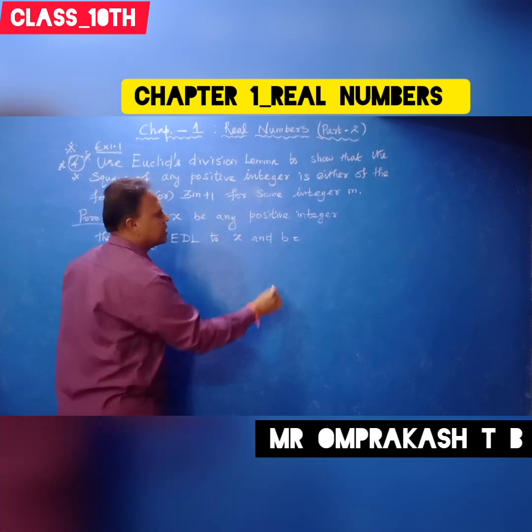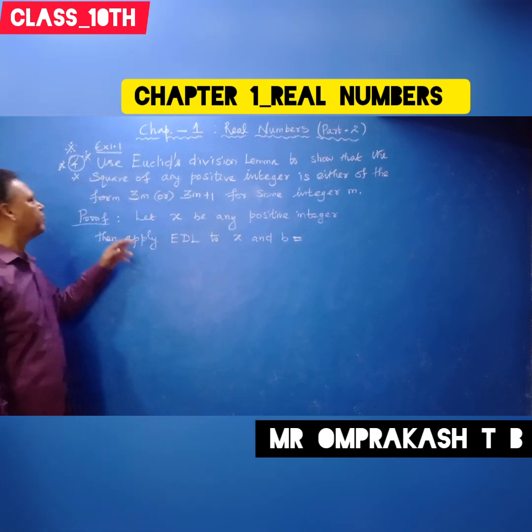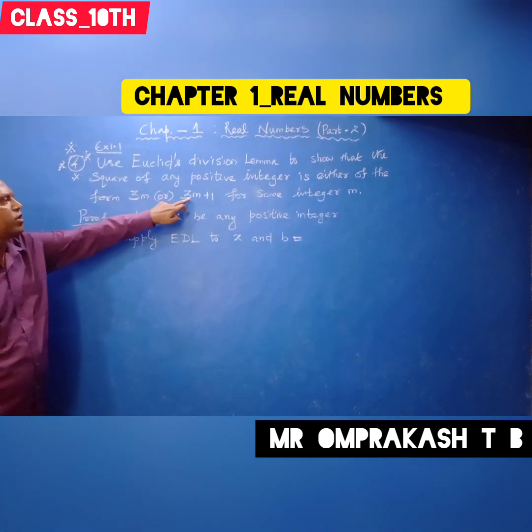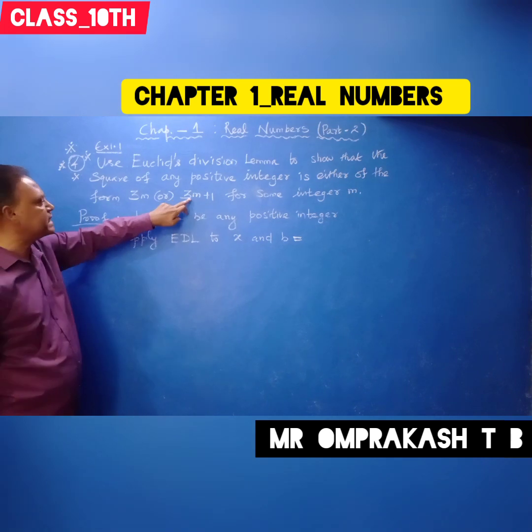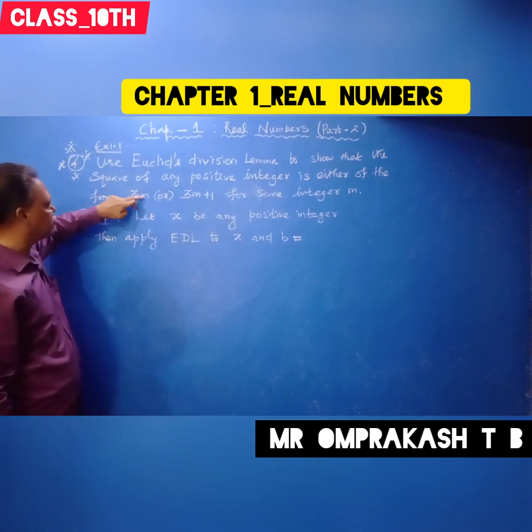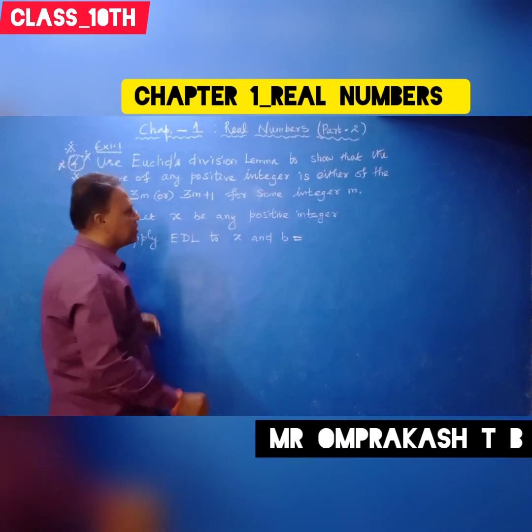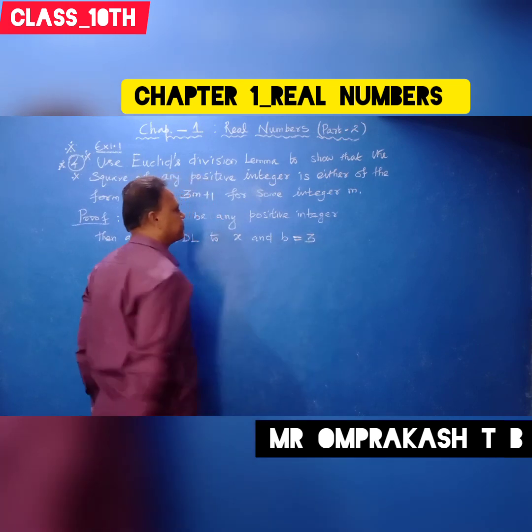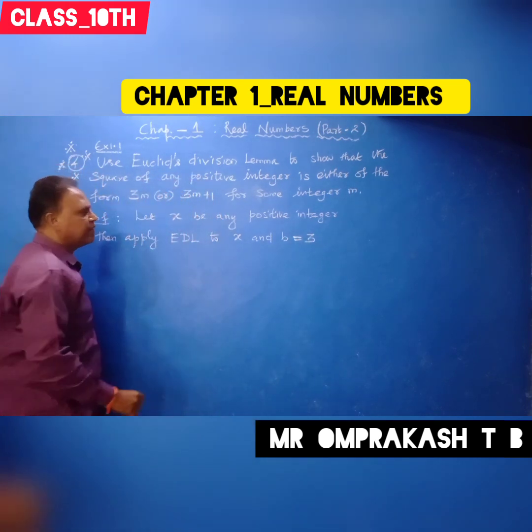Here you see we have to get the form 3m or 3m plus 1. Here it is a multiple of 3. So you take b as 3, that is the divisor.